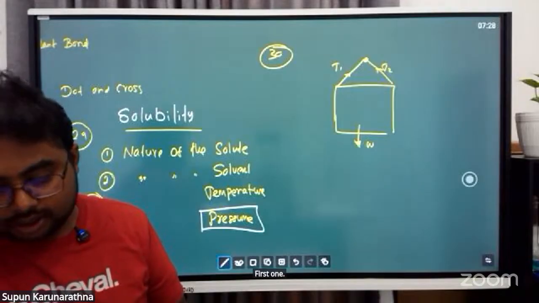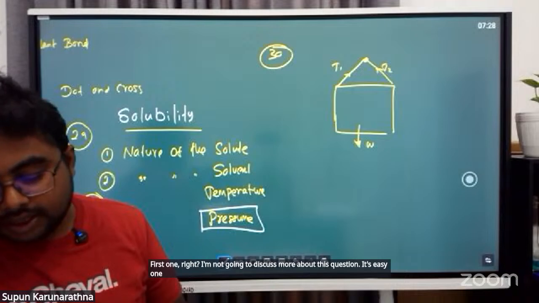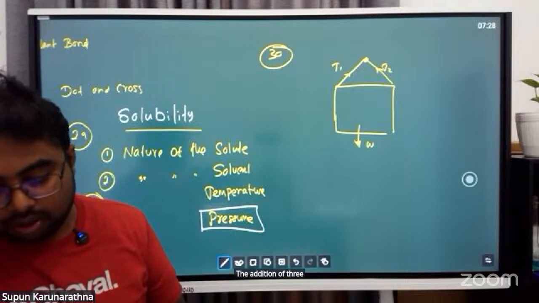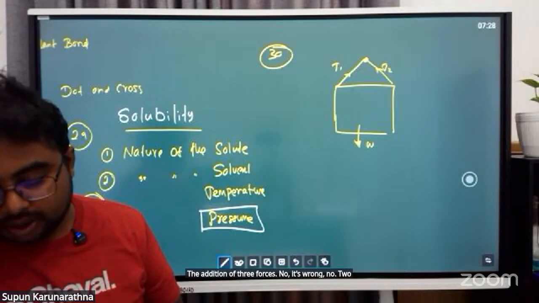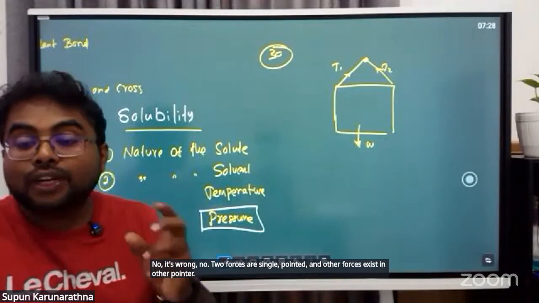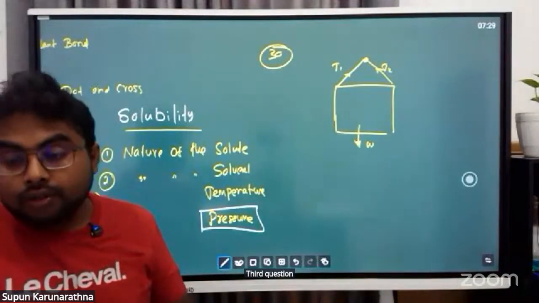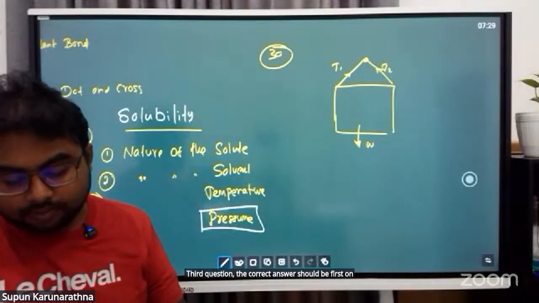I'm not going to discuss more about this question. It's an easy one. Third one, the addition of three forces, no, it's wrong. Two forces are at a single point and the other force is at another point. The correct answer for question 30 should be the first one.